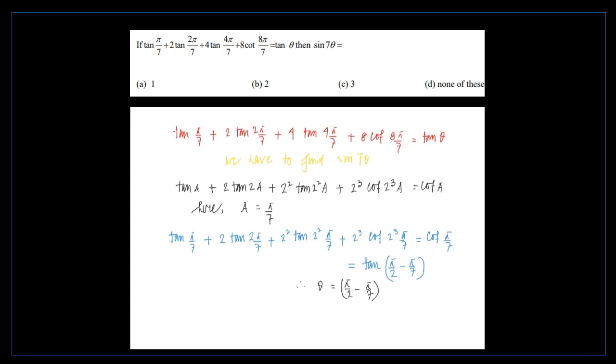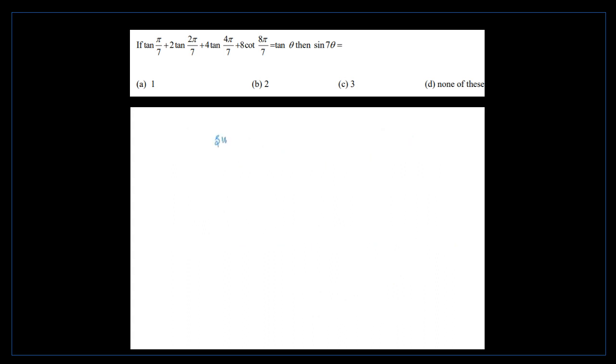Now here we need to find what? Sine 7 theta. Now sine 7 theta is sine of 7 pi by 2 minus pi, which equals sine 5 pi by 2.